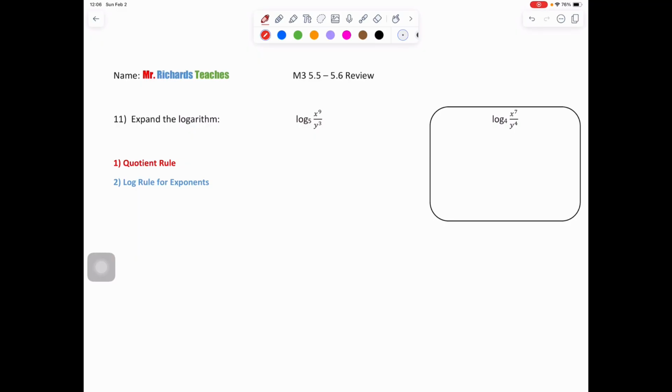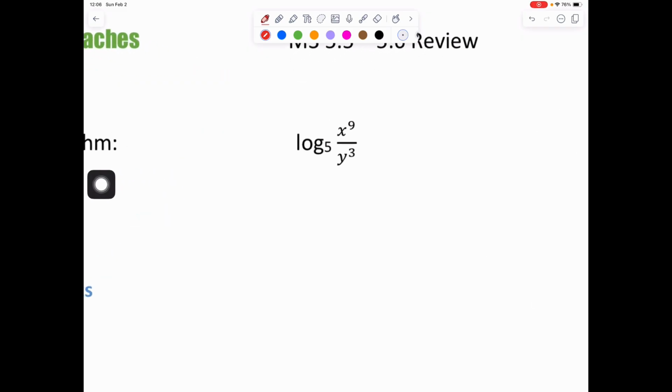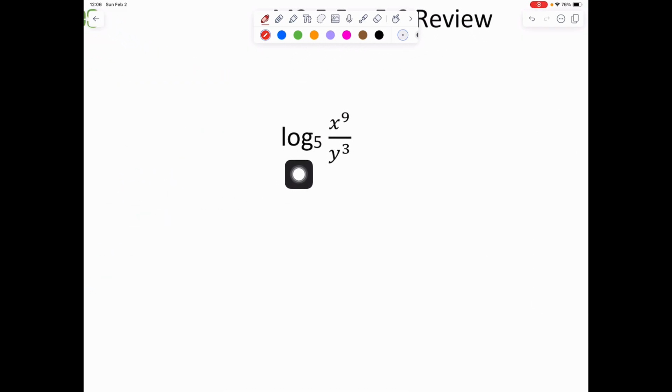Will it ever end? Yes, after number 12, but this is number 11. We will be expanding the logarithm log base 5 of x to the power of 9 divided by y to the power of 3. We will apply that quotient rule.